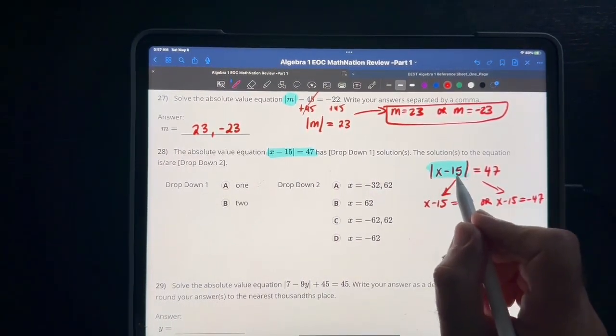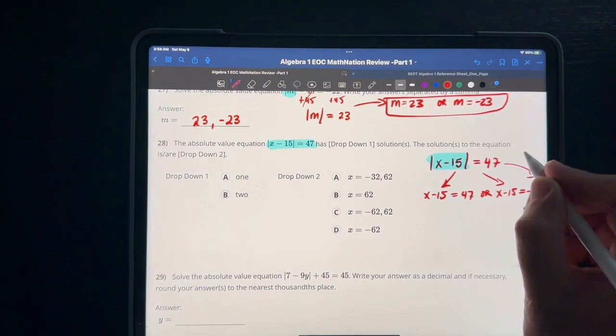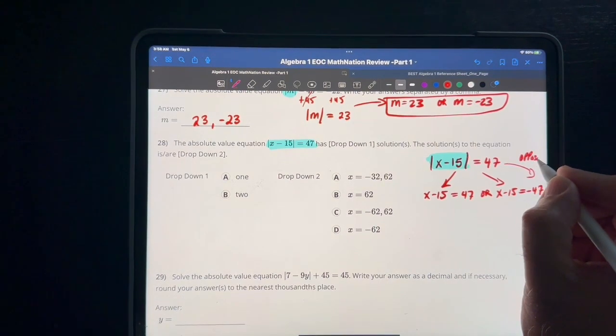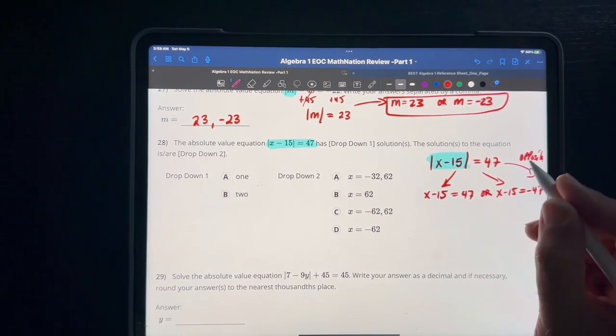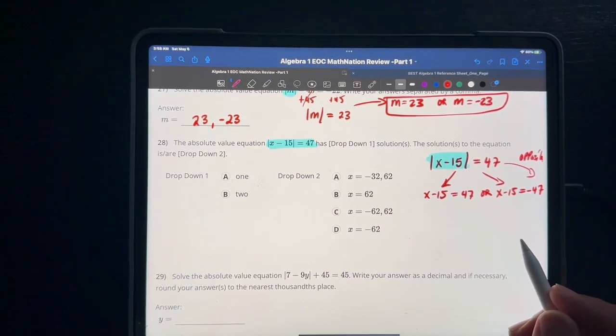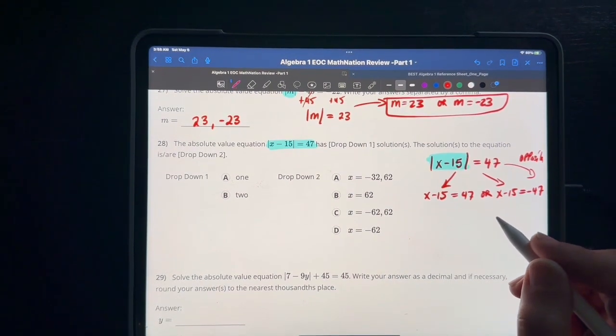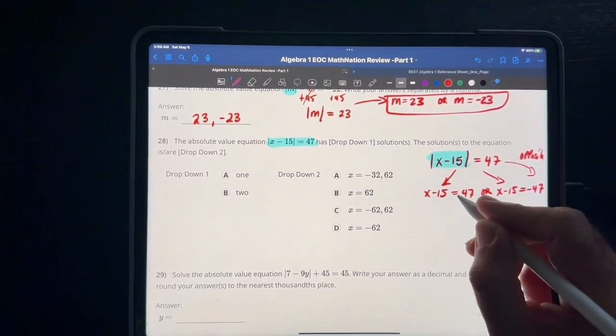So you don't do anything to the inside, but you flip the outside right here, right? Opposite. Okay. All right. Then you are going to solve each one. When you solve each equation, you're going to get two different numbers, two different solutions, right?